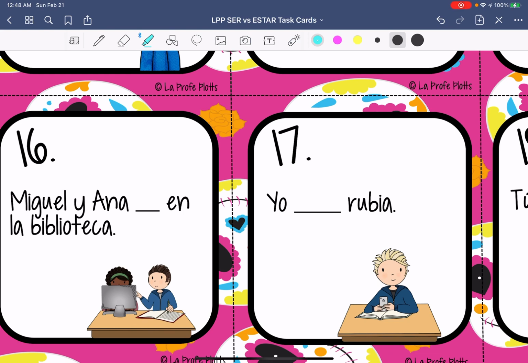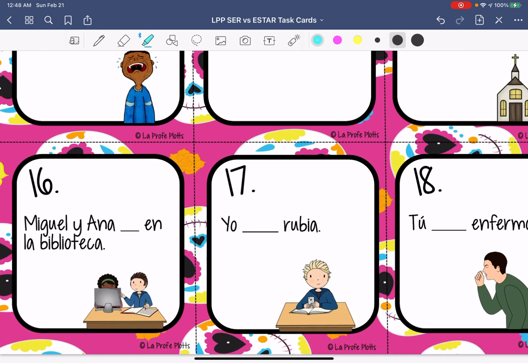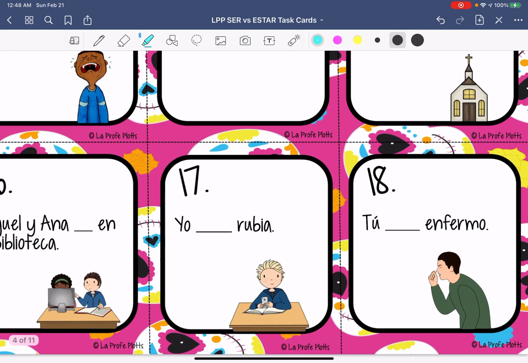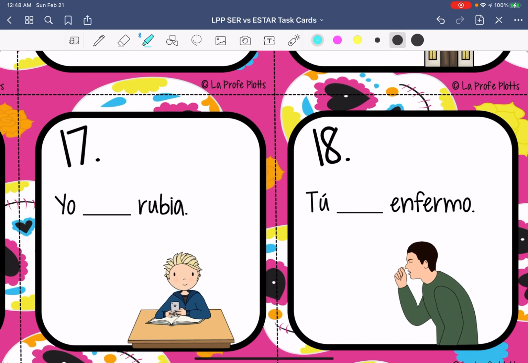Seventeen. Yo blank rubia. Yo blank rubia. Tell me the verb conjugated to match the subject. Don't forget accent marks if it needs it. Okay? 18. Tu blank enfermo.